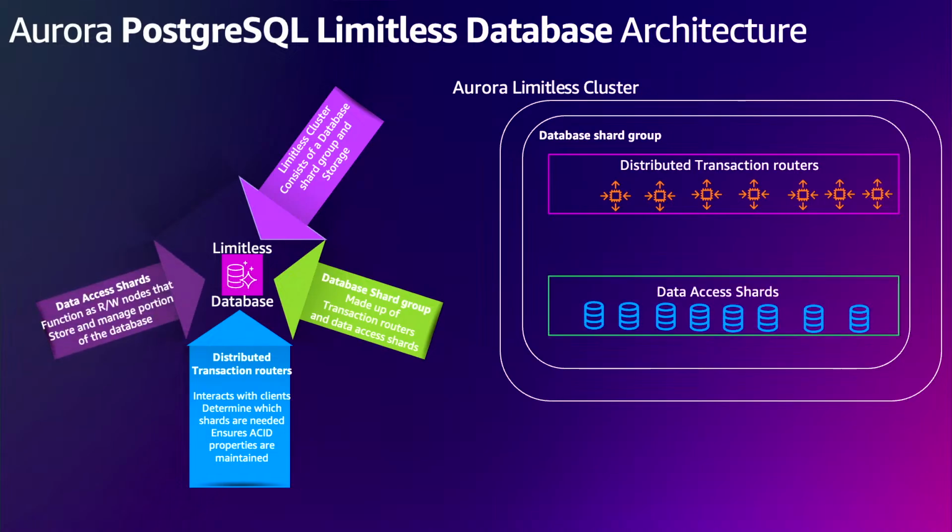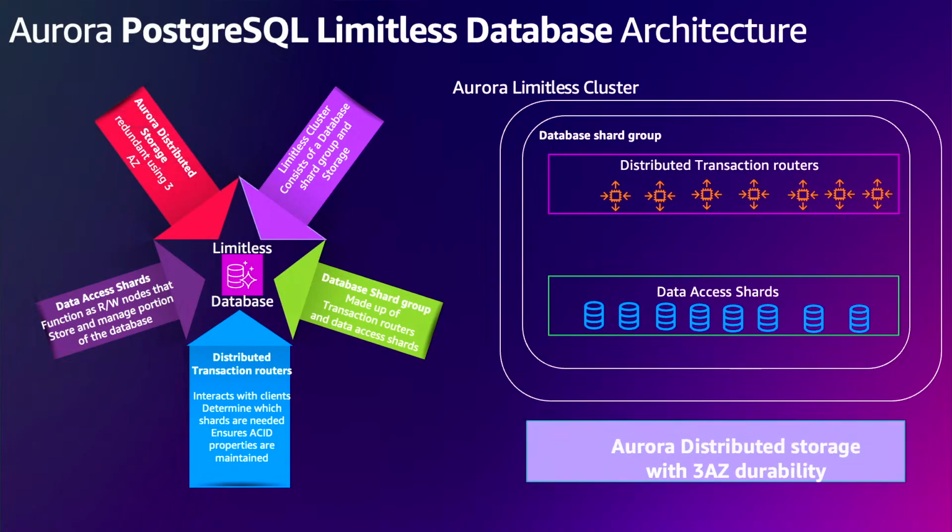And the last one is the shards. These function as read-write nodes, and they store and manage that particular portion of the database. And obviously, similar to what we had before, we have the distributed storage, which basically goes across 3 AZs, so you keep the data saved and reliably there.